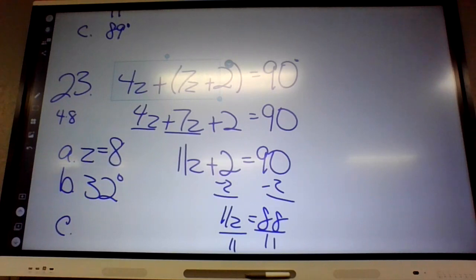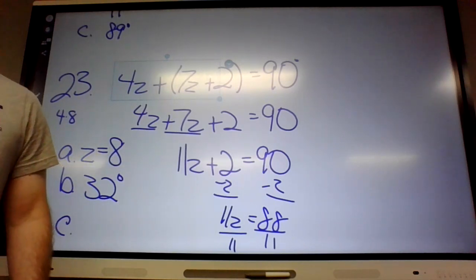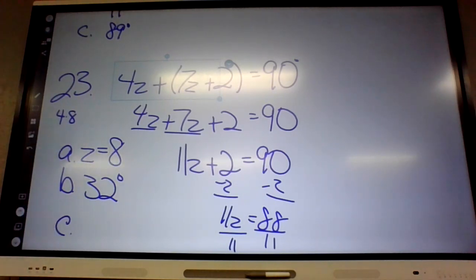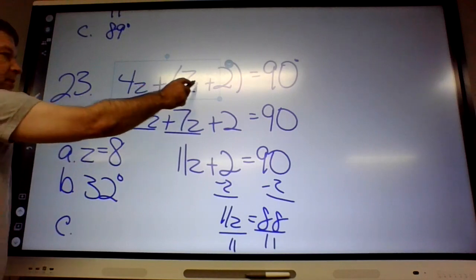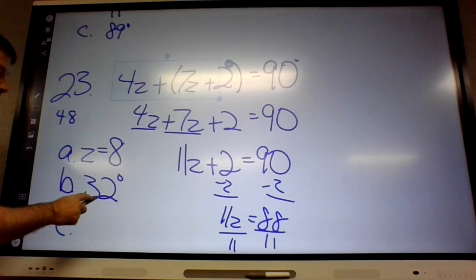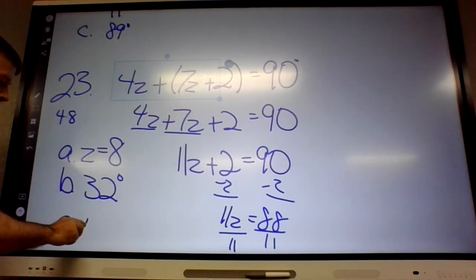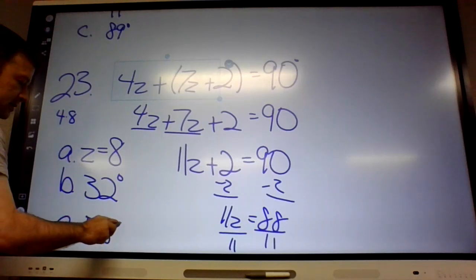And then let's find the other little angle. What's angle JHK? Then you just do 90 minus 32. You could plug it in there, or you could do 90 minus 32.